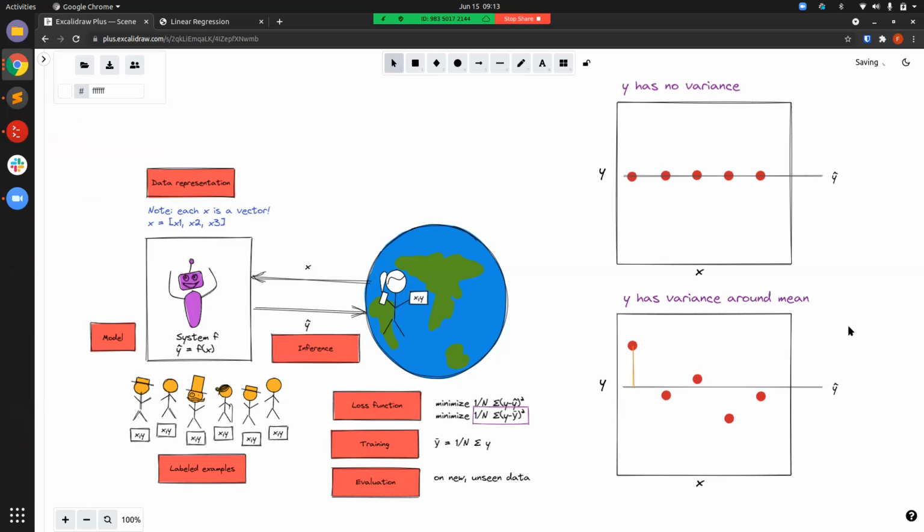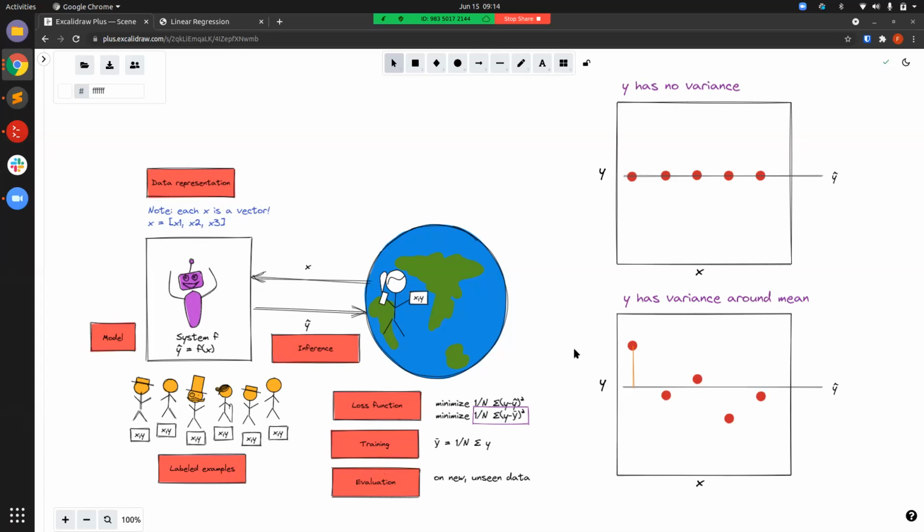Right? So when a data set has no variance, prediction by mean does a great job. But when there's some variance in the target variable, which of course typically there is, then a good model needs to be able to explain some of that variance. I'm emphasizing this variance idea because it's going to come up again and again today.